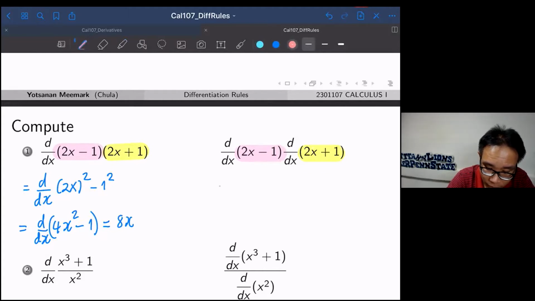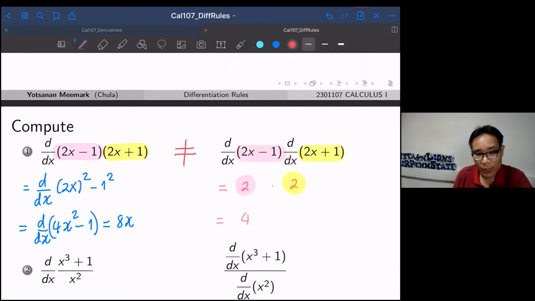You differentiate 2x minus 1, you get 2. You differentiate 2x plus 1, you get another 2. So the total turns out to be 4. You see that these two are different, so they are not the same. You're not allowed to multiply the derivative of the pink function by the derivative of the yellow function. It doesn't work that way for the product rule.